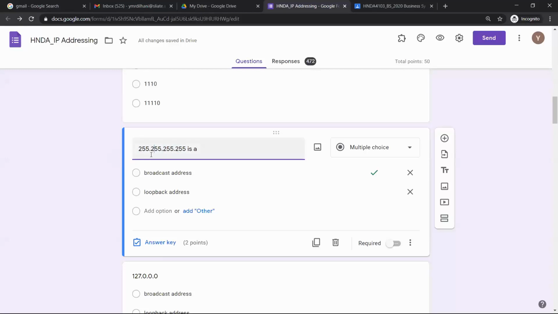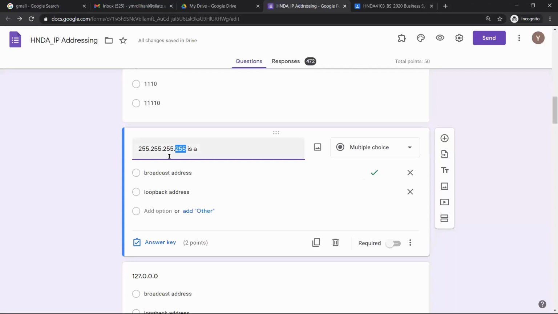So therefore we say this is the broadcast address. When it is a broadcast address, all the values become full. That means 255 means 8 ones. So in the first location you have 8 ones, and then in the second location also 8 ones, 8 ones and 8 ones.